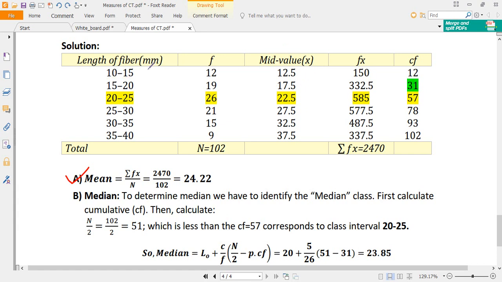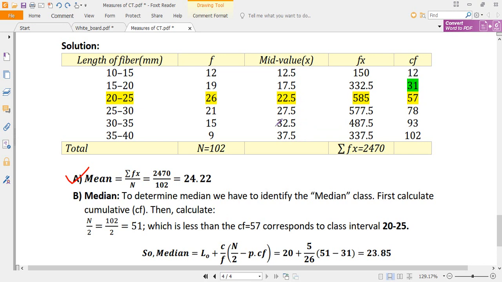In this way we can see that the class interval is 5, that is 10 to 15, the difference is 5, so the mid value will increase by 5. So we can easily do it for the other mid values: 17.5 plus 5 is 22.5, then 27.5, and finally 37.5.